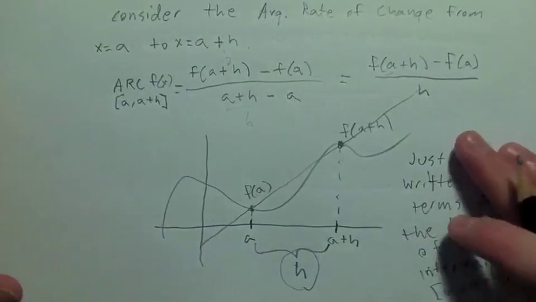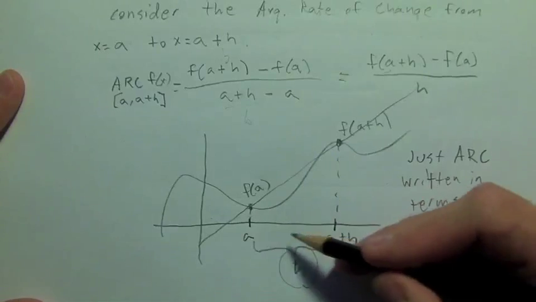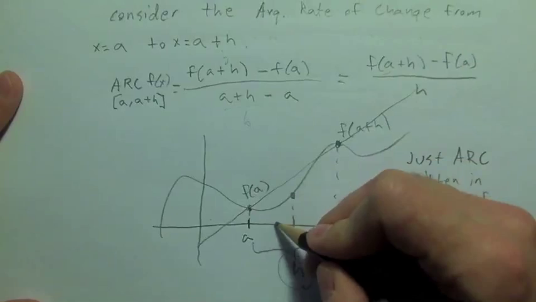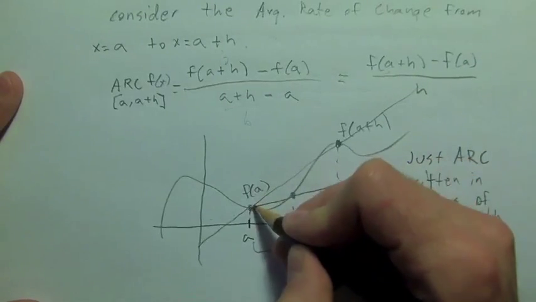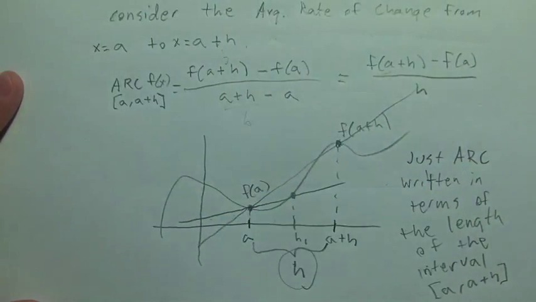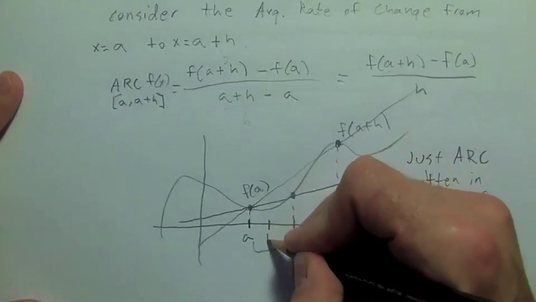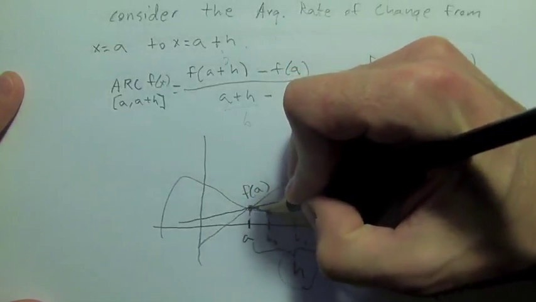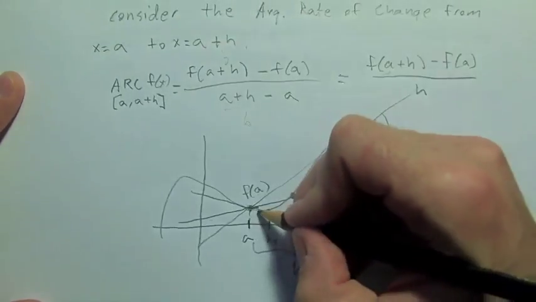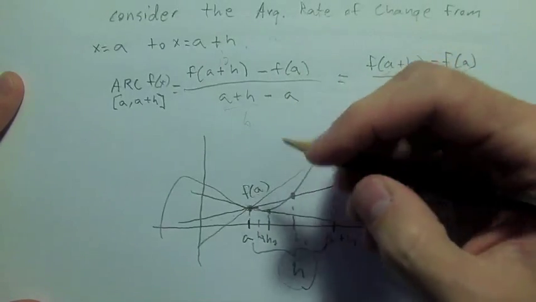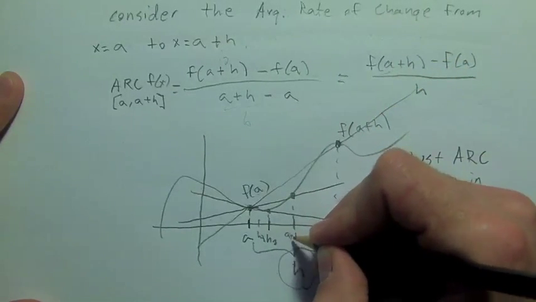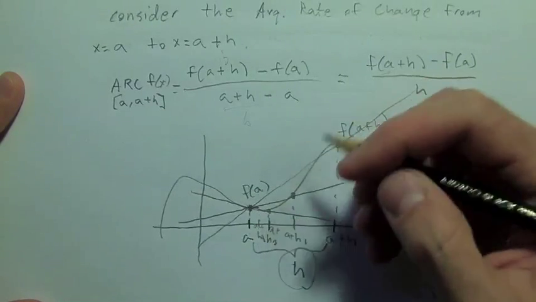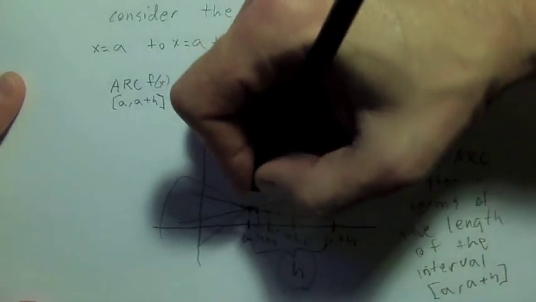So what we're basically doing is here's an interval h, here's h sub 1, let's say, and we get a new secant line and an h2, and we get another secant line, an h3, or I should be saying this is a plus h, but hopefully you gather what I mean.